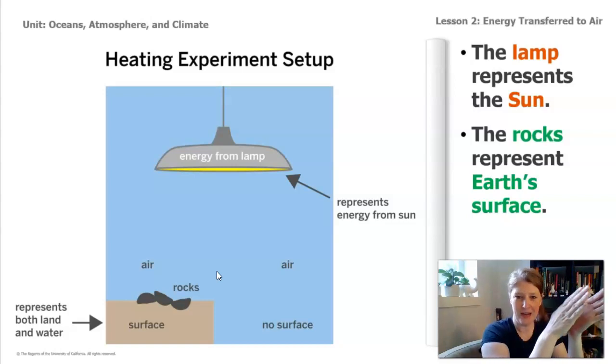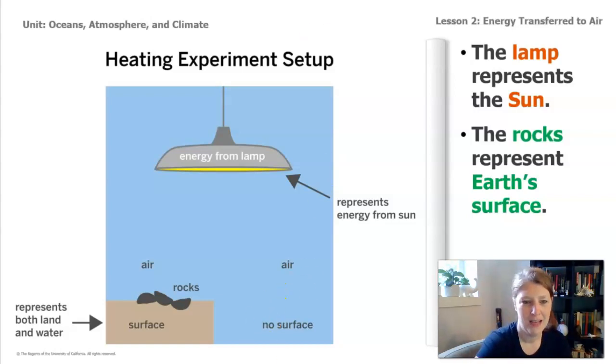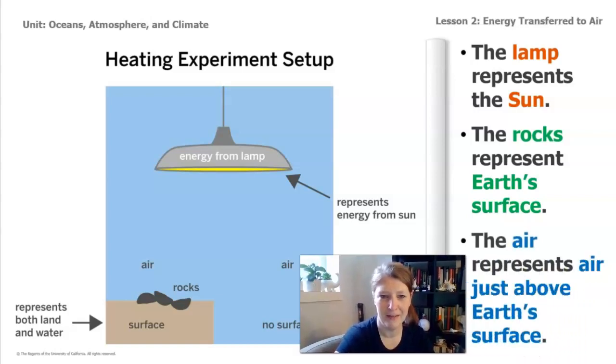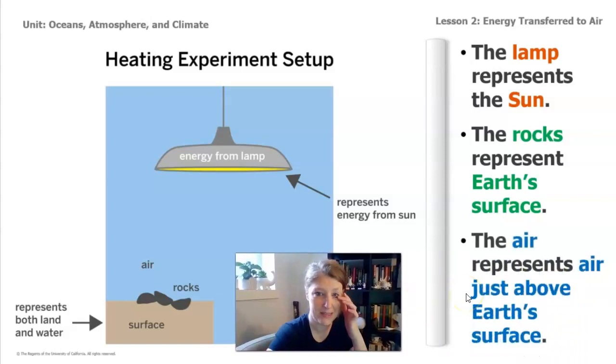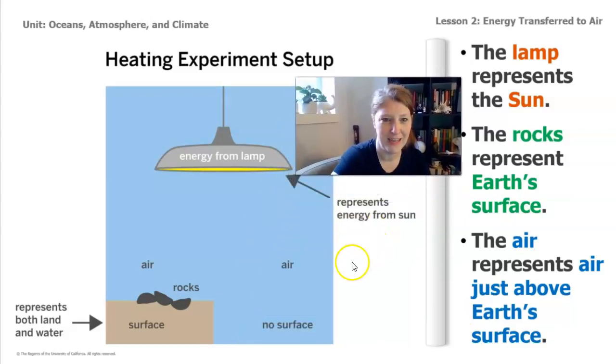We have one side that has no surface, and then the other side has a surface, which is represented by the rocks. And then finally, the air represents the air just above Earth's surface. So let's move this up here so we can see the air. We have the air that doesn't have surface below it, and we have the air that does have surface below it. Okay.